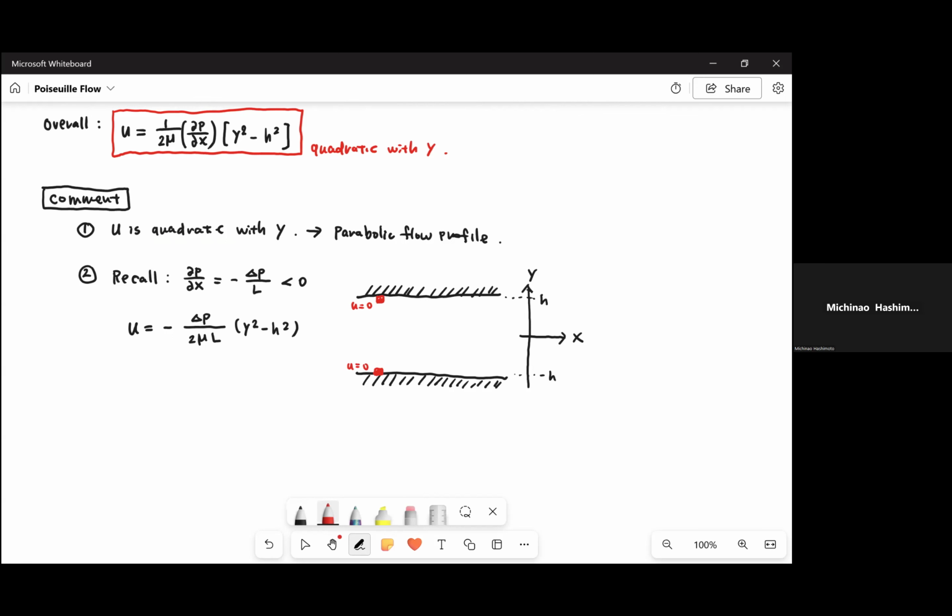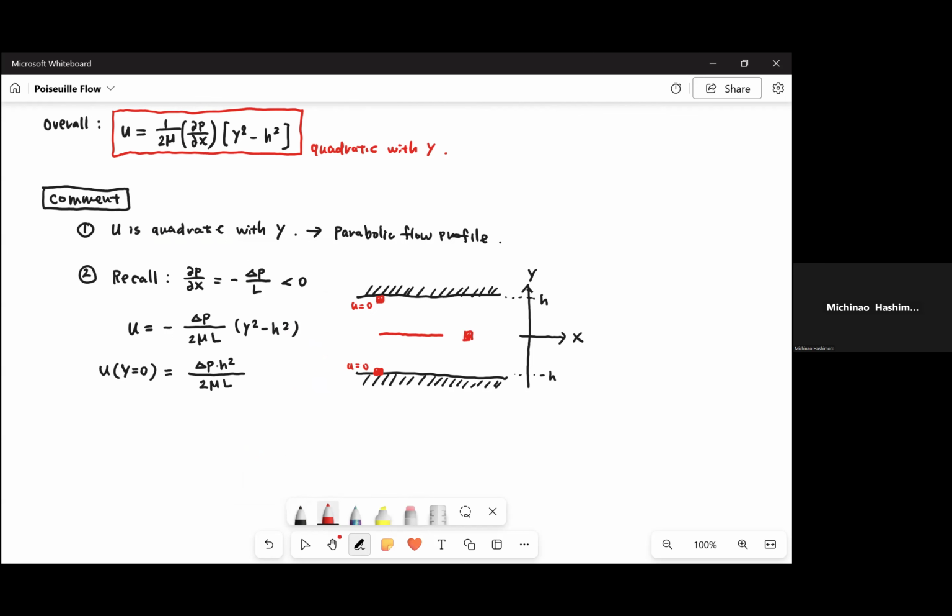And then if you plug in y equals 0, for example, let's try to find the u at y equals 0. Just plug in y equal to 0 here. What you're getting is delta P H squared over 2 mu L. This is a big positive number, and from the symmetry, this is really the highest.